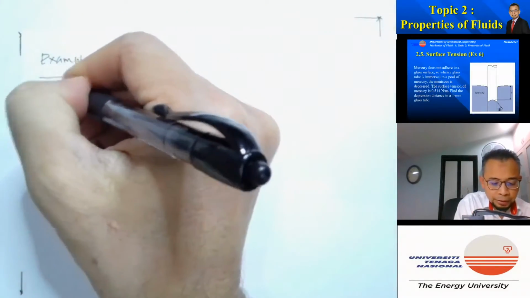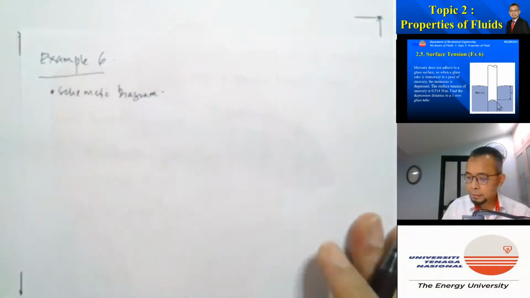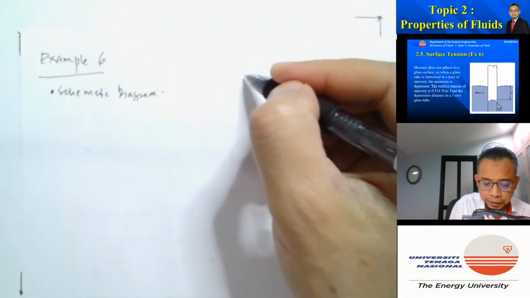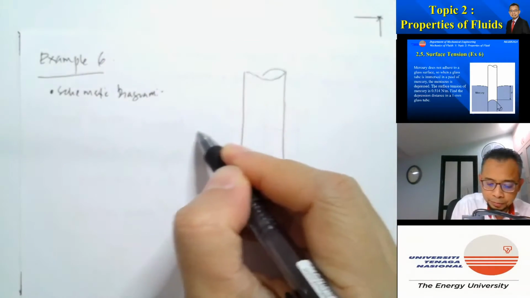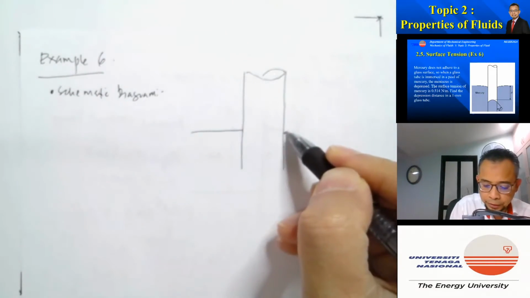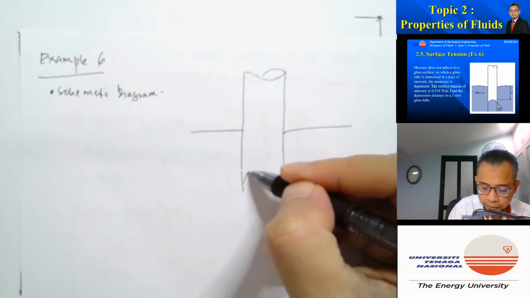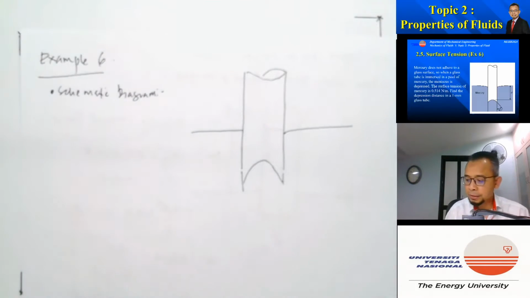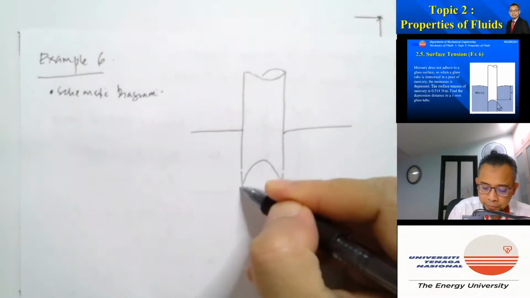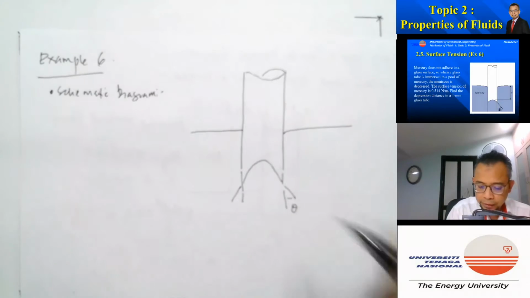Okay, let's draw a schematic diagram. We have a glass tube immersed in mercury, and what will happen is that the surface will be depressed like that, and then it will make an angle theta.